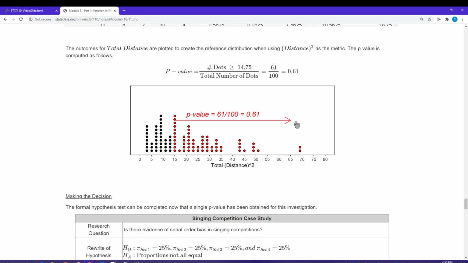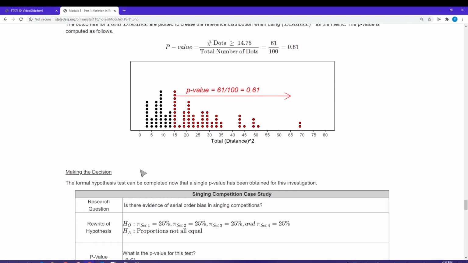So the tests here in Module 3 are a little bit more complicated than what we've had before. The reason these are two-sided tests is because my test statistic involved squaring these quantities. So values that were on the left side, after I square them, get pushed up to be high values here. Values down here close to 0 would mean that I'm close to my expected. So values that are down here near 0 would mean that the observed outcomes are very close to what I would expect under a situation of no bias.